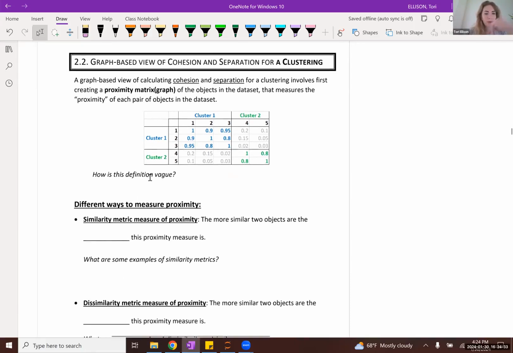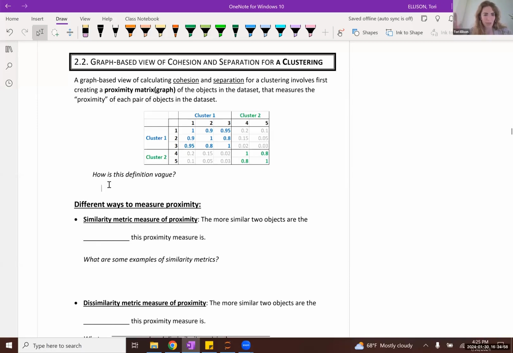So when calculating a graph-based notion of cohesion and separation of clusters, ultimately what is involved first is creating a proximity graph of all observations in the data set. And so basically we measure the proximity between each pair of observations in this data set.